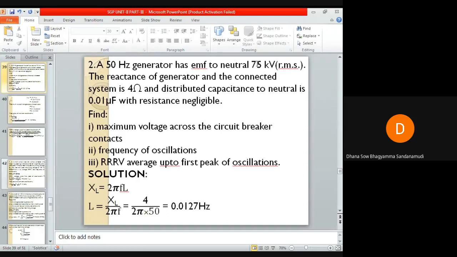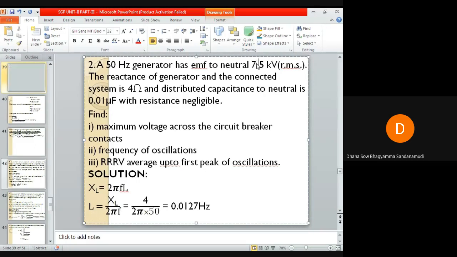Okay, so one slight modification. This is 7.5, I'm sorry, not 75. It is 7.5 kilovolts. All of you change it in your notes.